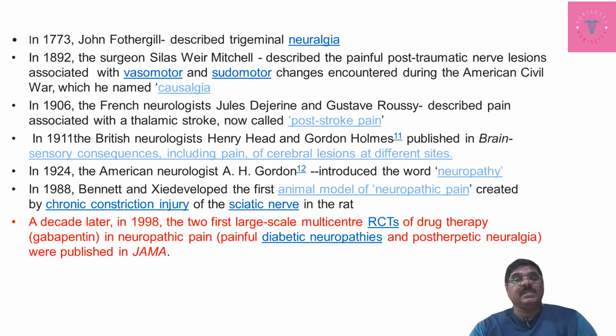After that, in the 17th century John Fothergill, in the 18th century Silas Weir Mitchell, the 19th century French neurologists, and in 1911 the British neurologist Henry Head, added different things to neuropathic pain. Mostly they are related to pathophysiology. Pathophysiology is the main thing, because we can treat the patient according to the pathophysiology.